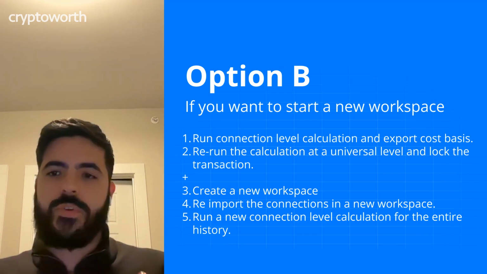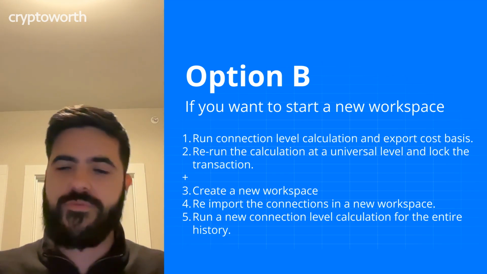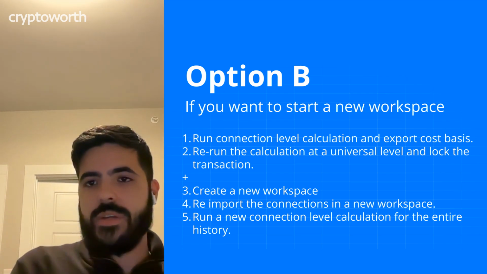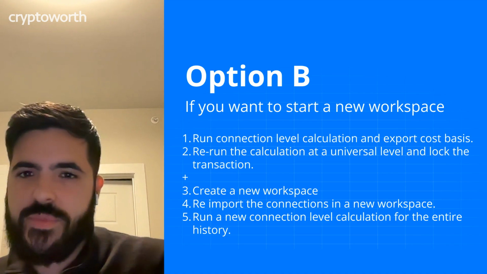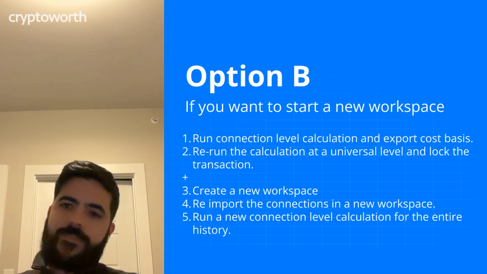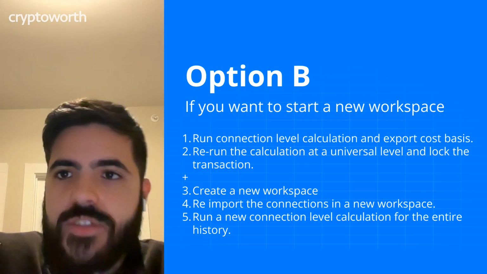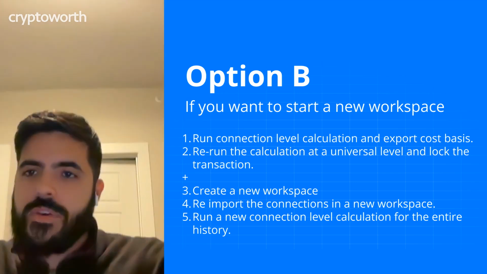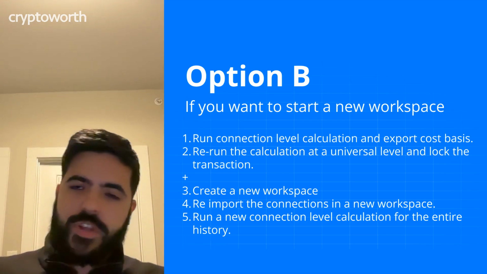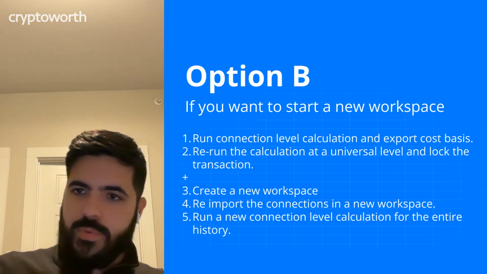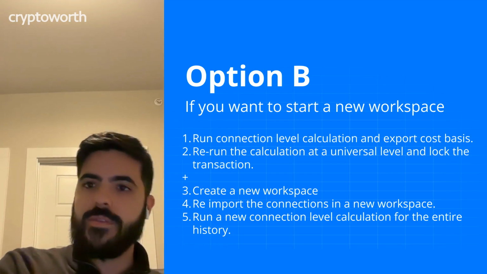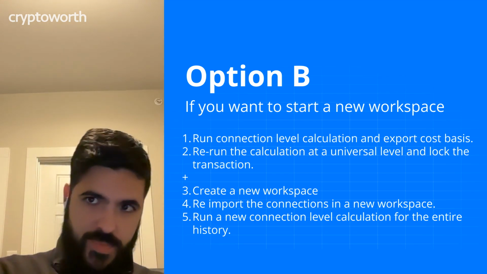So this is permittable because you're starting fresh from a new workspace, so you're able to run accurately a connection level calculation from the very beginning without changing the ledger. And essentially what you're looking to do is to match the cost basis of your connections and the token inventory per connection with the exported cost basis data that you generated from the first workspace, the original workspace.